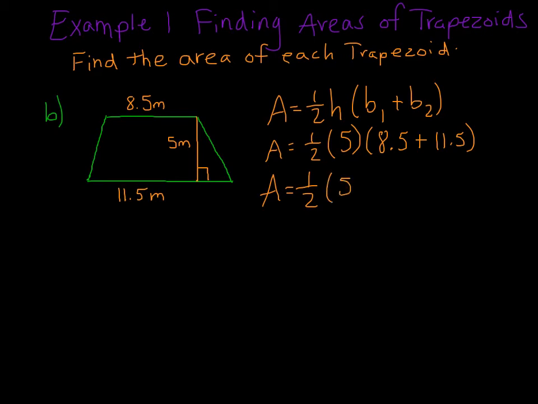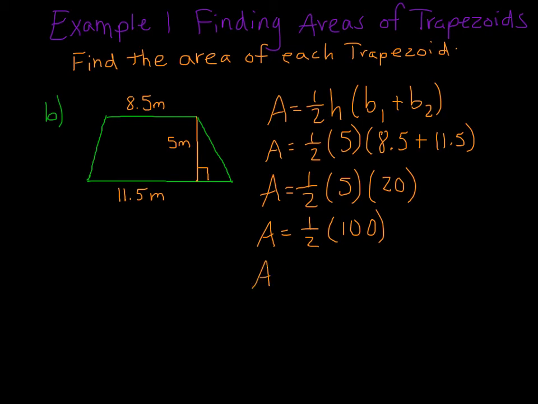Alright, so we leave our height in there. We solved for what our bases equal together, and it was 20. Our next A, we're going to solve our 5 times 20. In shorthand, we can do this by saying 5 times 2 is 10, and then add that 0, so it's 100.